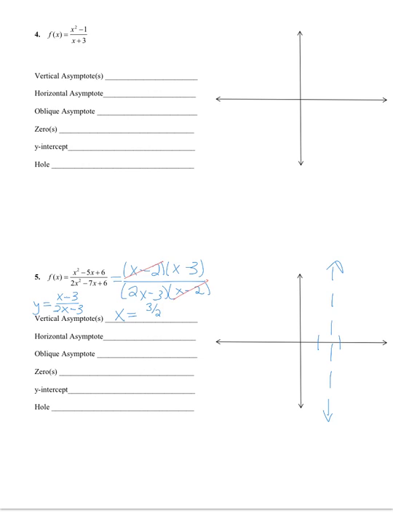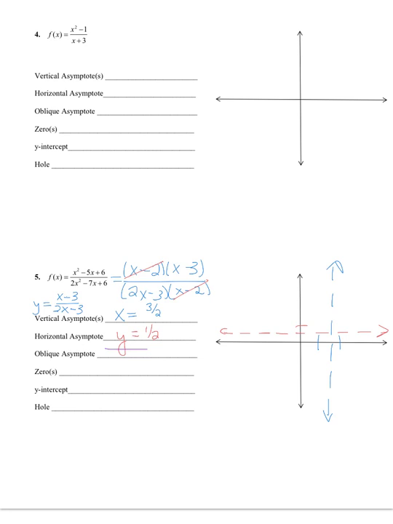I see that the numerator and the denominator have the same degree, therefore y equals 1/2. There is no oblique because there is horizontal.